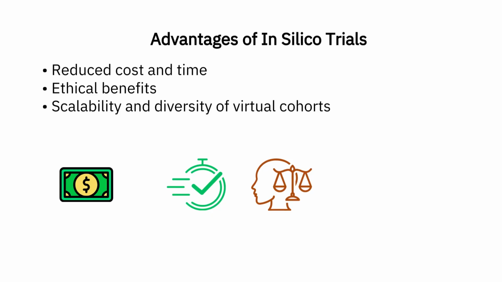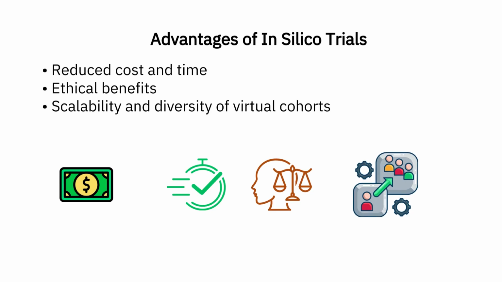And finally, scalability. In silico trials can simulate diverse patient populations that are often underrepresented in real-world studies, like rare genetic profiles or unique demographic groups. This leads to better understanding of how a treatment might work for everyone, not just the average patient.